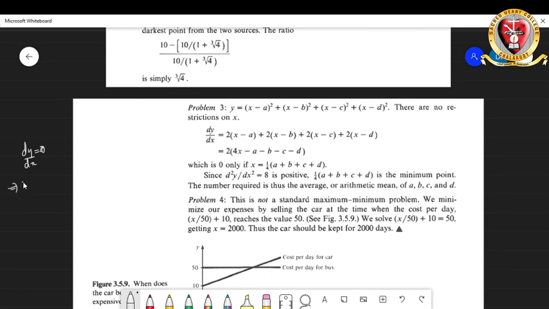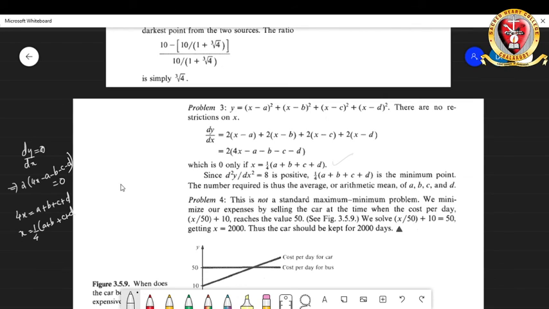That will imply 2 into 4x minus a minus b minus c minus d is equal to 0. So 4x is equal to a plus b plus c plus d. That means x is equal to 1 by 4 into a plus b plus c plus d. So that's what is written here.